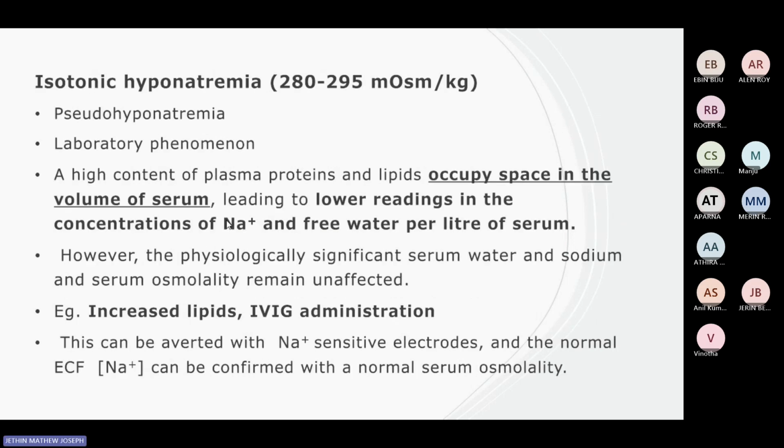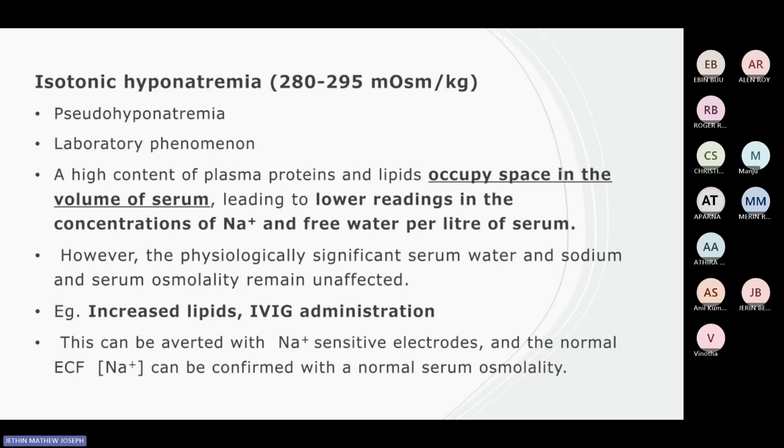So the next type of hyponatremia is isotonic hyponatremia. So here, sodium content is low, but the plasma osmolality is within the normal range. This is also called pseudohyponatremia. This is basically a lab error. It happens in cases where the bloodstream has increased lipids or increased proteins.